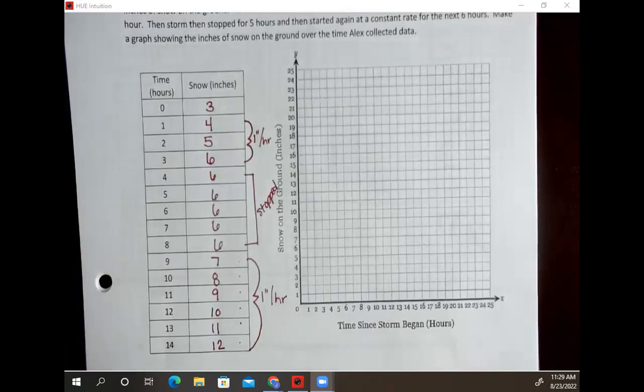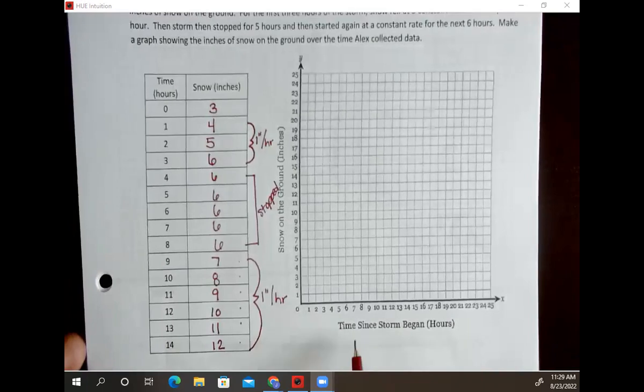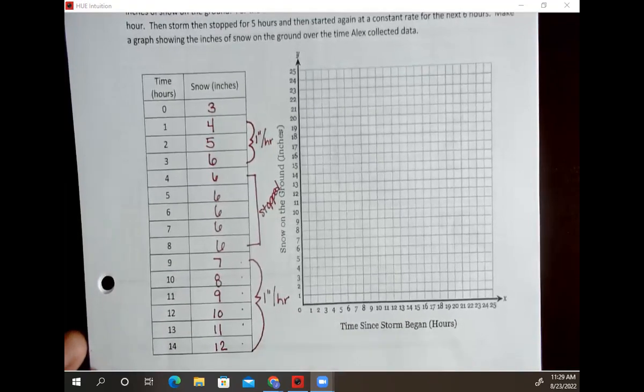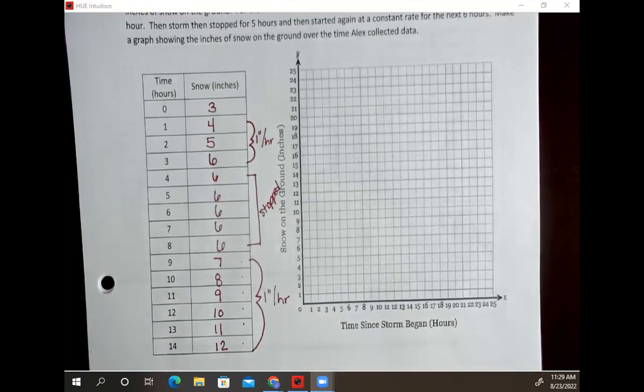Remember, when you have to create the labels yourselves, make sure that you are specific about what we're measuring and how we're measuring it. We're measuring time in hours, we're measuring snow in inches, and also make sure you're consistent with your values here. So I can't go from 0 to 100 to 150 to 152 to 153. I need to make sure that those gaps all represent the same amount.